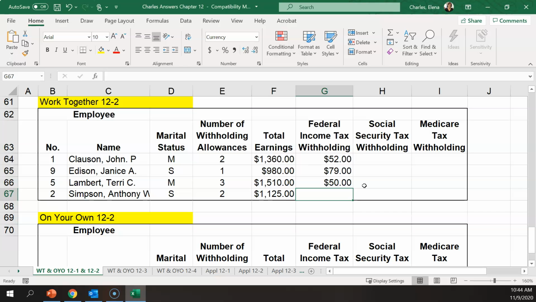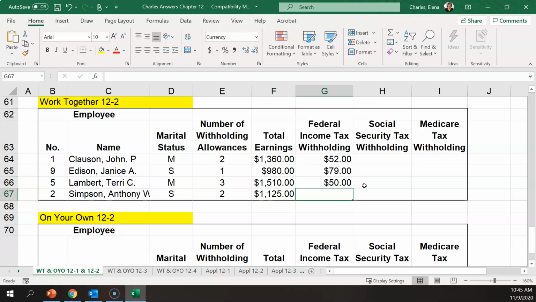Susan Simpson is single, and she has 2 allowances. Her gross wages are $1,125. That falls in the range of $1,120 and $1,140. And she has 2 allowances.